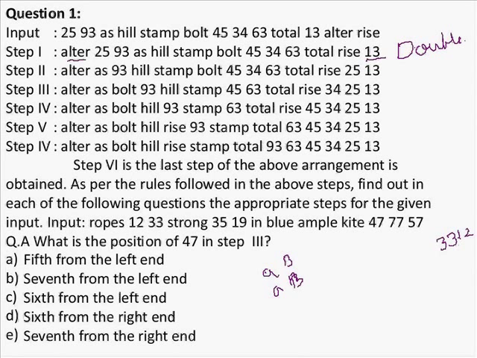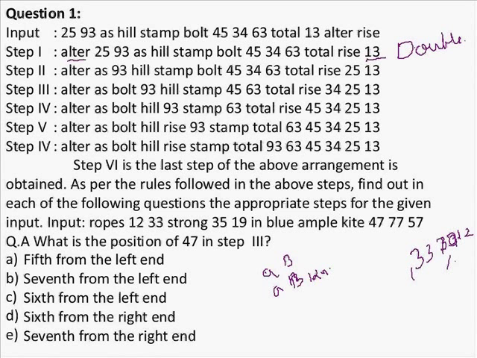Okay. After that, what will come? Ropes will not come. It will come kite. And there which number will come? Sorry. 12, 19, 33 will come. Yeah, I've done it. 12, 19, 33 will come.